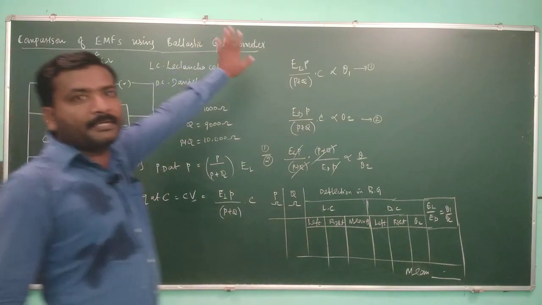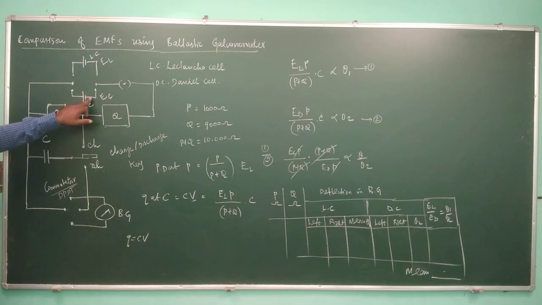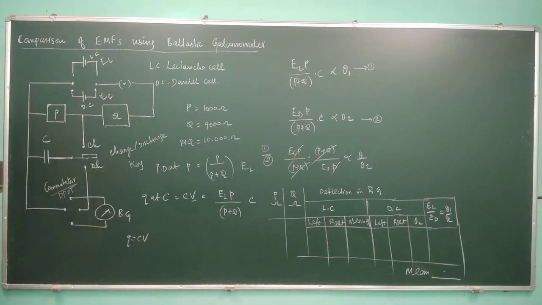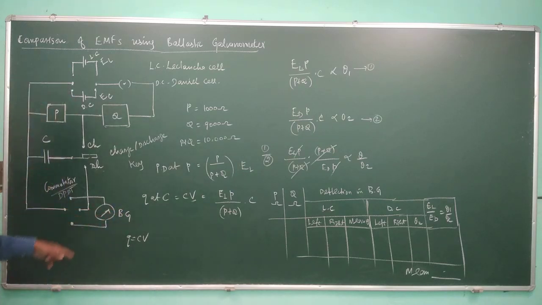So let me repeat again. We have two EMFs, Lagrange cell and Daniell cell, which is connected in series with the two resistances, decade resistance boxes P and Q, and then the two sides of the P is connected to the capacitor through a charge discharge key, and this capacitor is connected to a ballistic galvanometer using a DPDT switch or commutator.